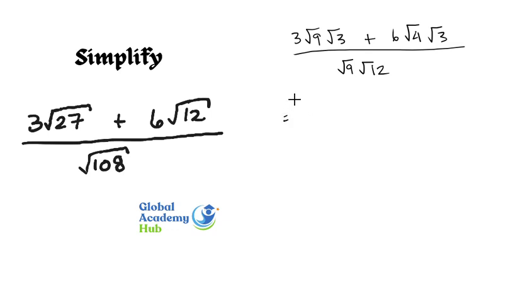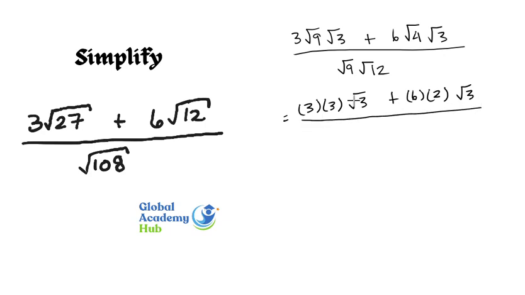Well, so this becomes 3 multiplied by the square root of 9, which is 3, square root of 3, plus 6 multiplied by 2, which is the square root of 4, multiplied by the square root of 3.